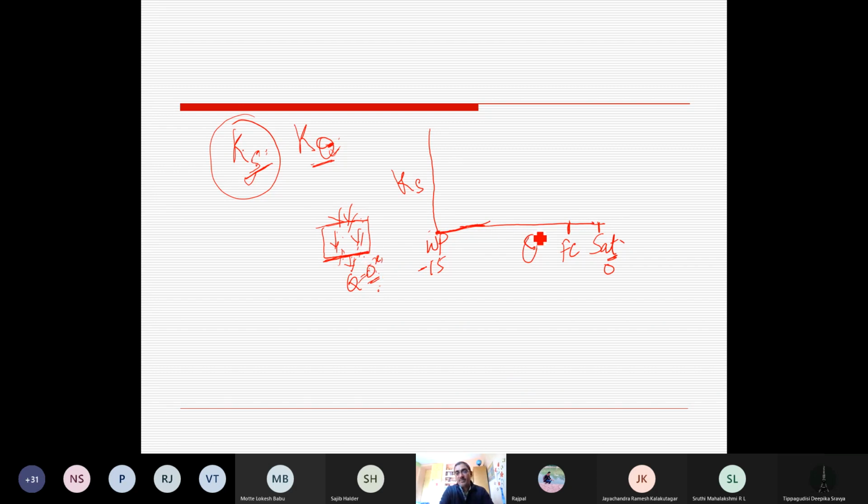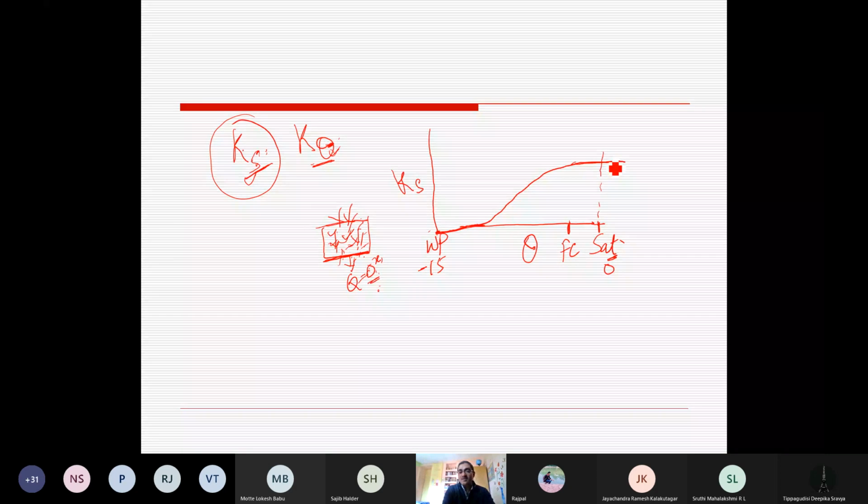After some more time, moisture will increase, pores will be filled up to a greater extent, and water will come out a little more, and so on. It is reaching a certain point like this. Once it is saturated, it is constant and maximum.